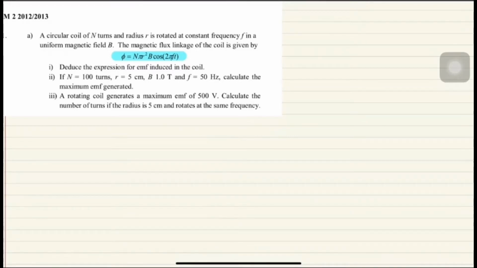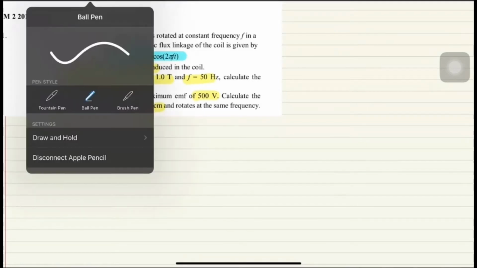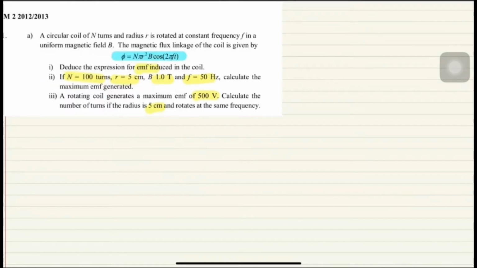And then if they give you a few criteria over here, a few dimension over there, they ask you to calculate the maximum EMF and then follow up questions. So I think soalan ni berkait in this one. So we have to solve the first one first.